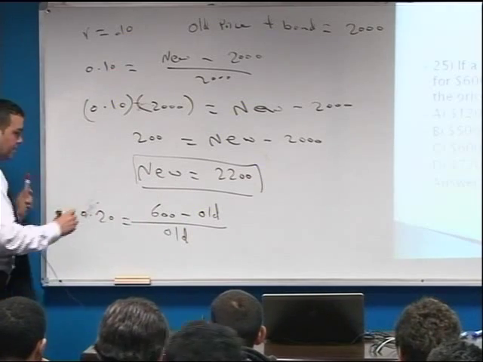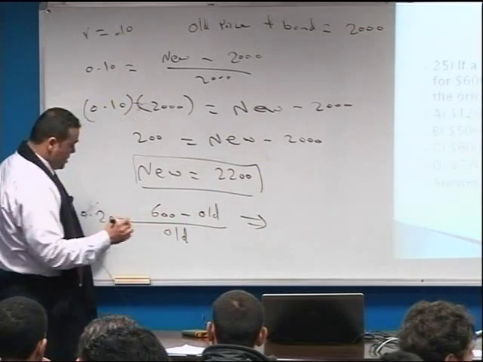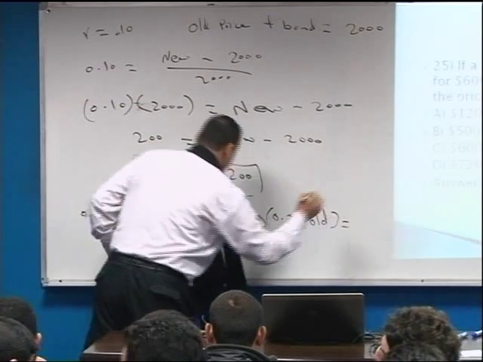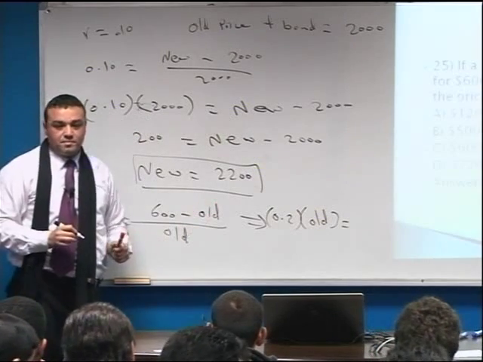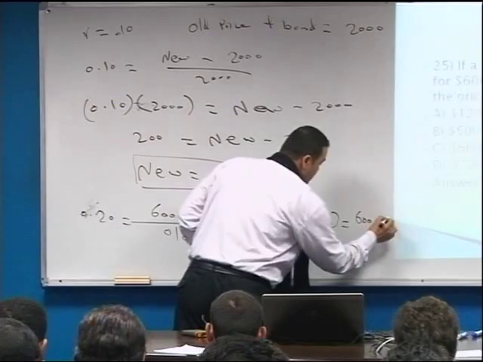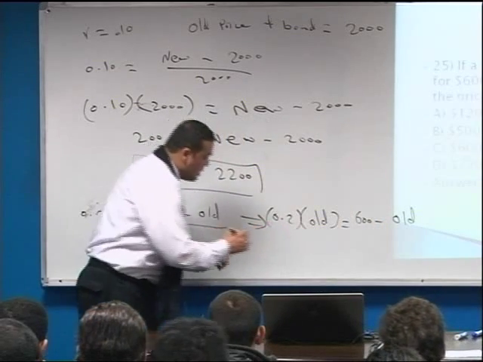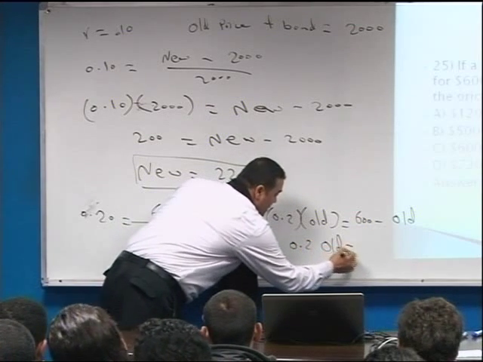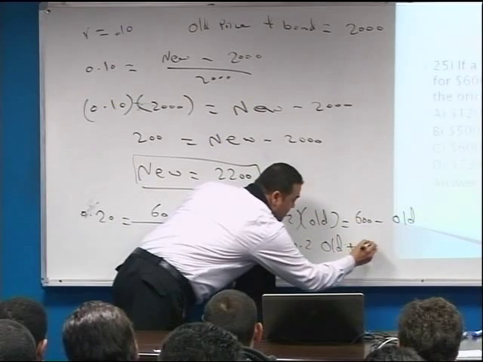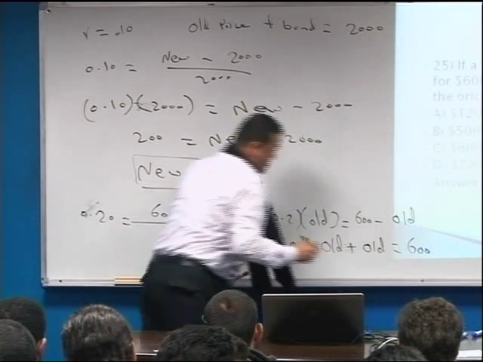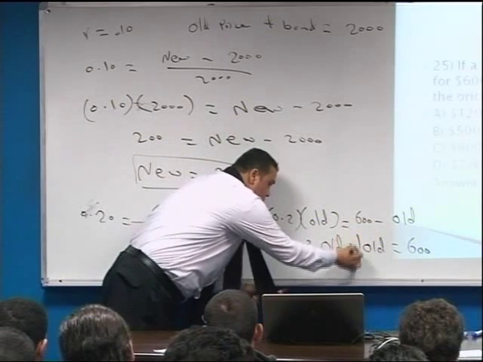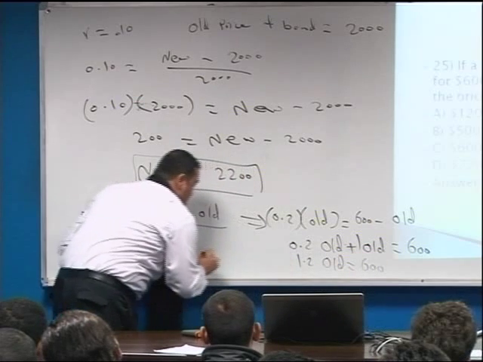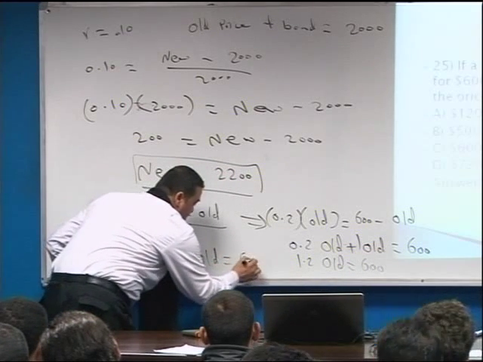Cross multiplying, we get 0.20 times the old equals 600 minus the old. Right? So 0.2 old plus old equals 600. So 1.2 old equals 600. So the old equals 500. That's it.